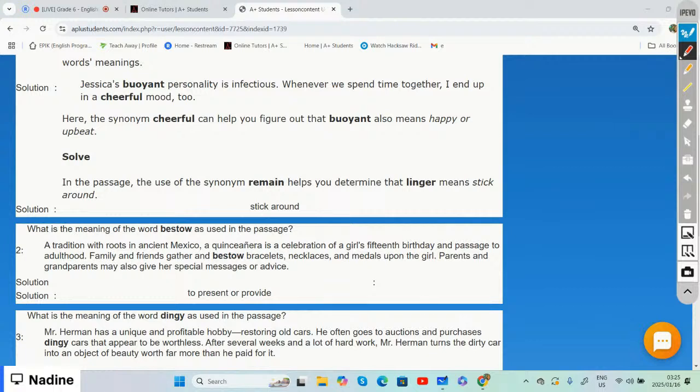Parents and grandparents may also give special messages or advice. So the word bestow, what does it mean?